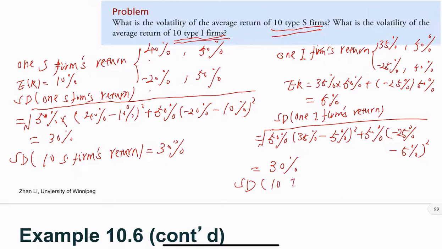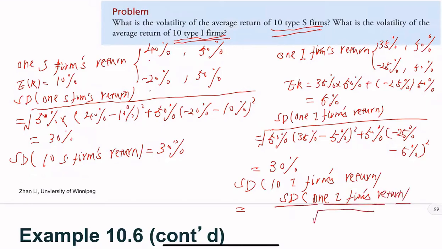The standard deviation of 10 I firms' return is a single firm's standard deviation divided by the square root of the number of stocks.